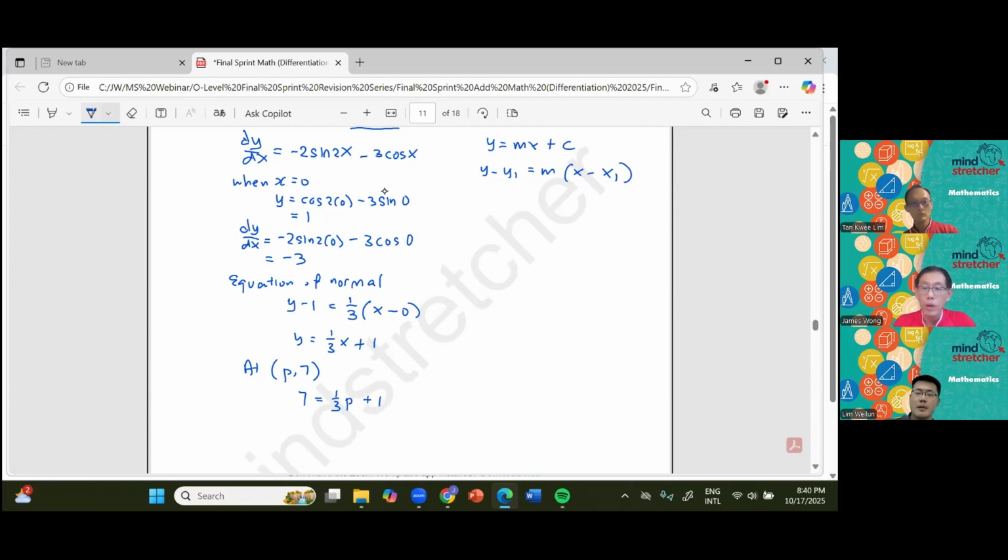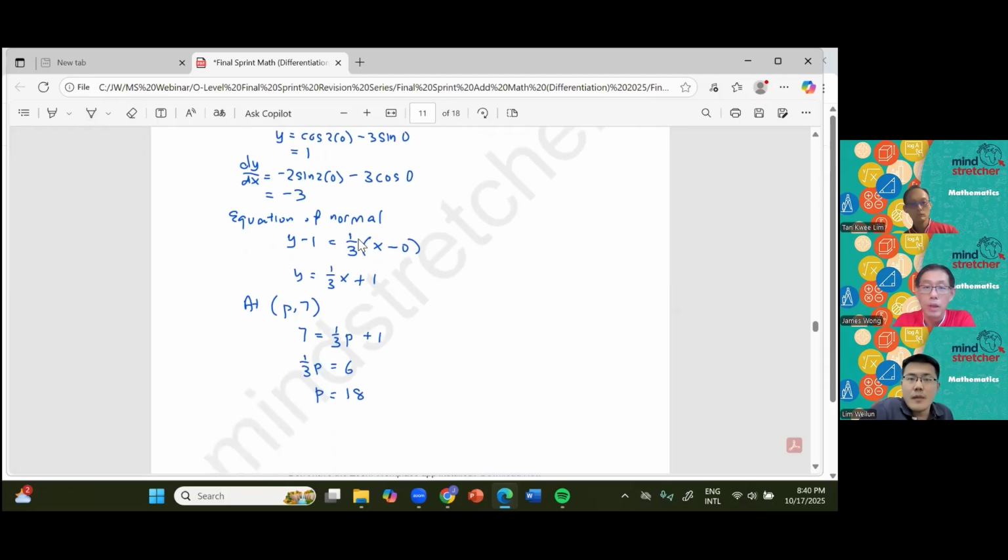Once you get to this part, I think it's very clear already exactly what the value for p is. So I can easily find that. My 1/3 p will be equal to 6. Therefore, my value for p will have to be 18. So this is how we should attempt this question. Hope everyone is clear with this.